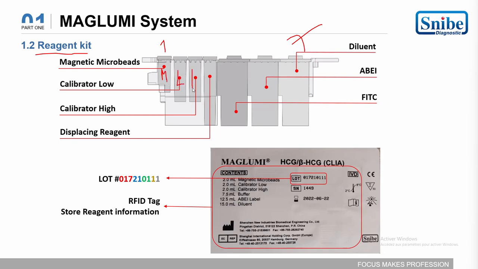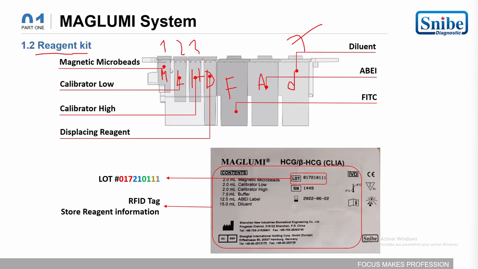The third is calibrator high, so the second and the third are used for calibrators. The fourth is the displacing reagent. The fifth is the FITC, or the buffer. Then the sixth is the ABEI, and the last one, the seventh, is the diluent.